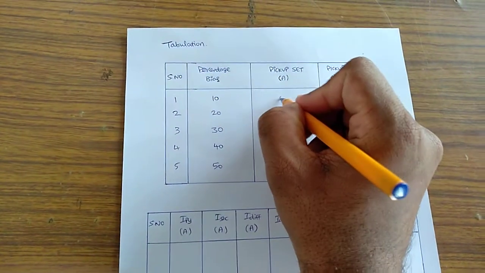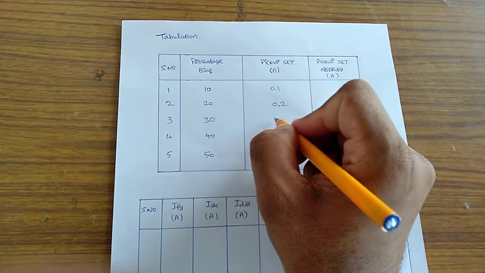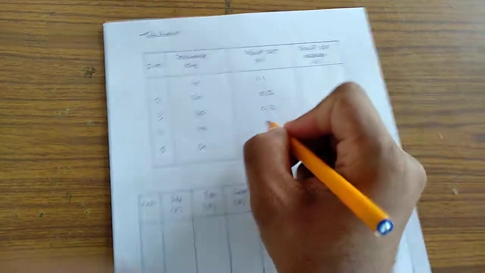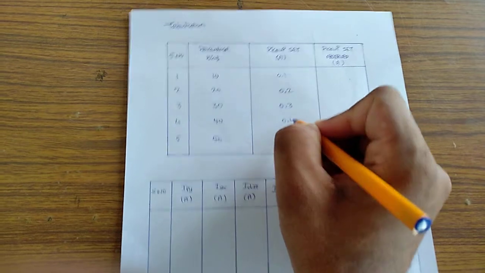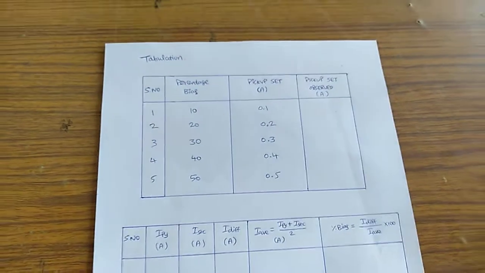So for each 10%, the current will be 0.1. For 20%, the current set will be 0.2, and for 30, 0.3, and for 40, 0.4, and then for 50, 0.5.